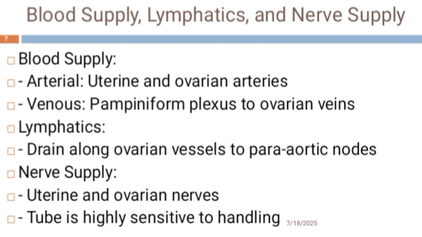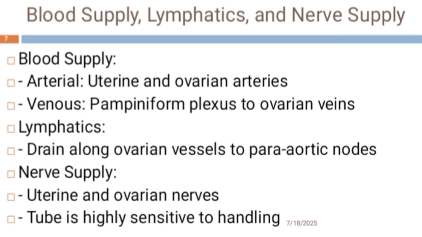Venous drainage occurs through the pampiniform plexus into the ovarian veins. Lymphatics run alongside ovarian vessels to para-aortic nodes, supporting immune surveillance and fluid balance. The nerve supply from uterine and ovarian nerves makes the tube highly sensitive to handling, important for surgical considerations. This support ensures the tube's functionality.